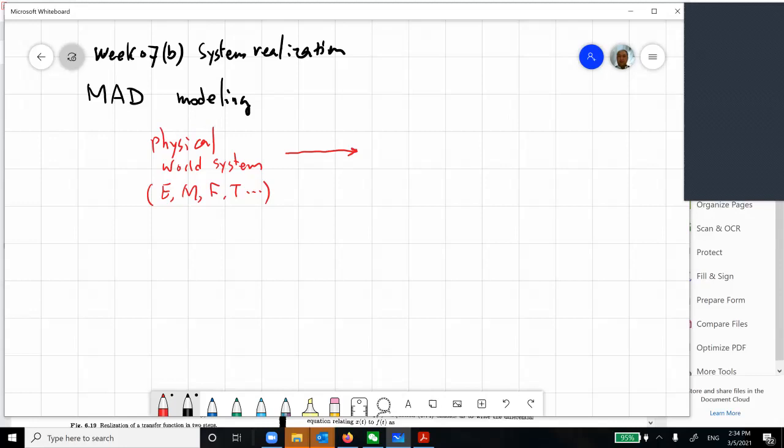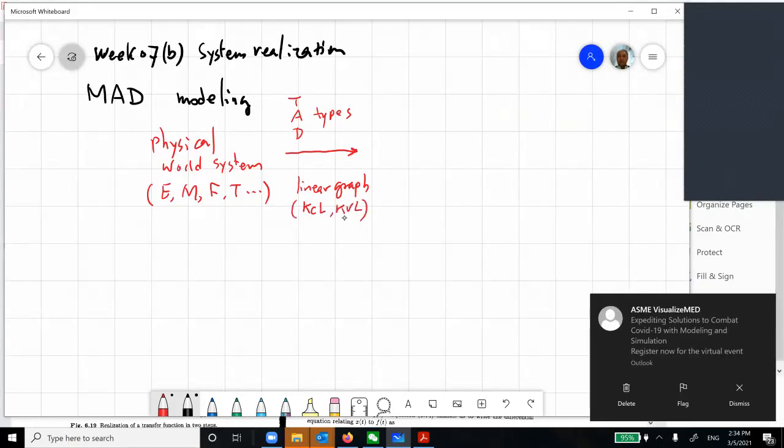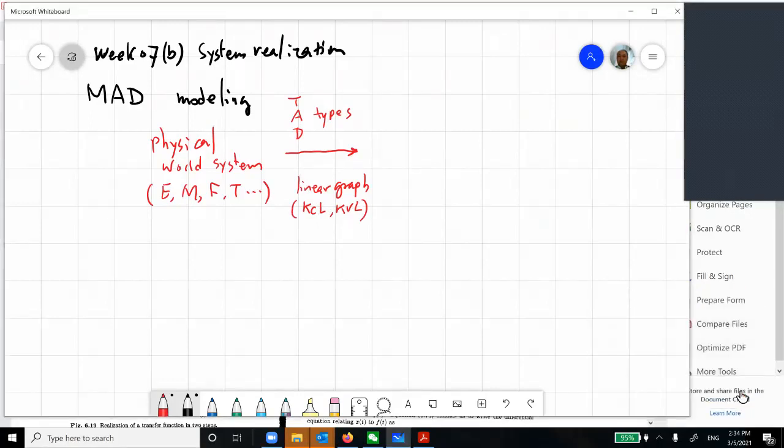So we study the components. We use T-type, A-type, and D-type components. We are equipped with the linear graph method, or using circuit concepts like KCL and KVL, generalized to other systems.